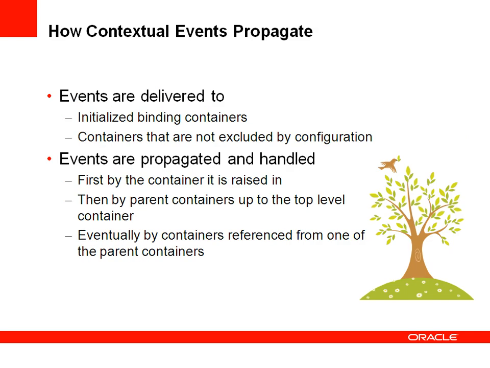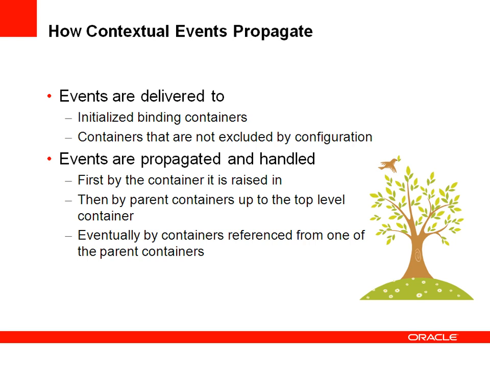I mentioned already that event propagation is through the binding layer, and that the binding layer is like a tree of active binding containers that are nested for a specific view or page that you see. When an event is propagated, then it's first propagated to the local container. So that's the container that also has the reference to the component raising the event.